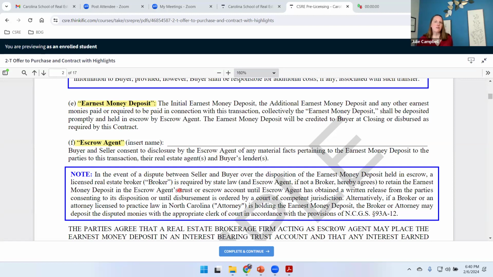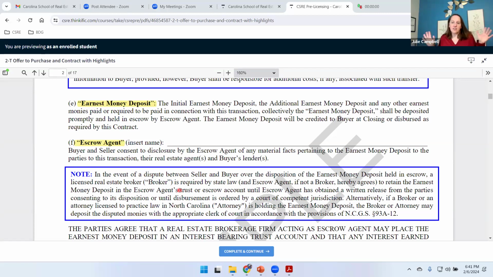And if the parties aren't agreeing to release it, remember the escrow agent is an impartial third party. So they're not able to pick up the contract and decide what should happen to the earnest money. So if the parties aren't in agreement of what happens to it, then it's in dispute.